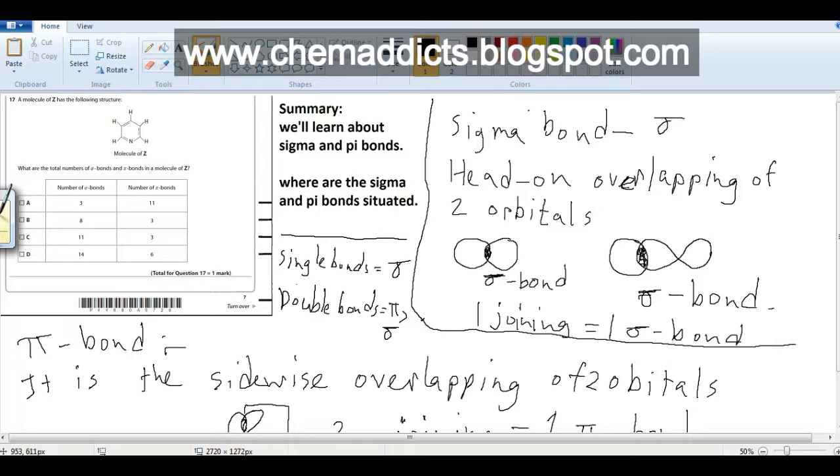Okay, so single bonds have only sigma bond, and double bonds have sigma bond as well as pi bond.